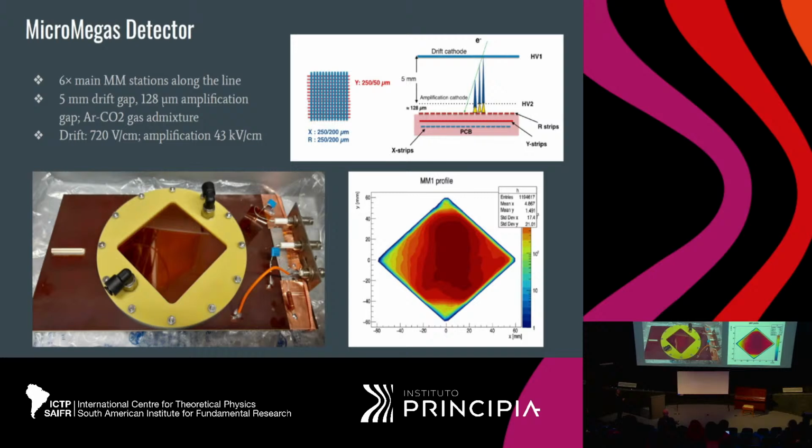If you basically use two directional strips, you can reconstruct the impinging position of your particle.